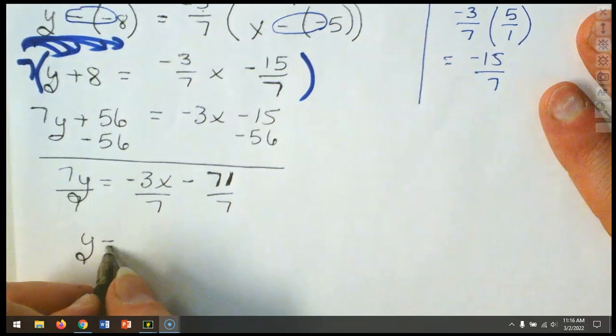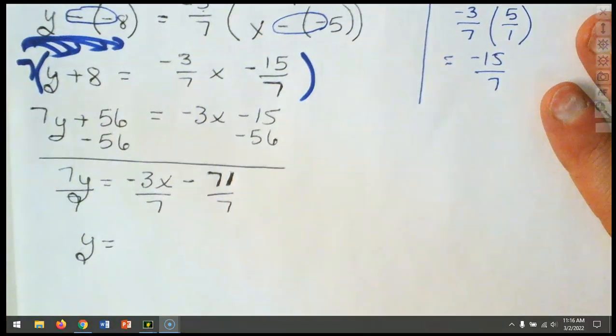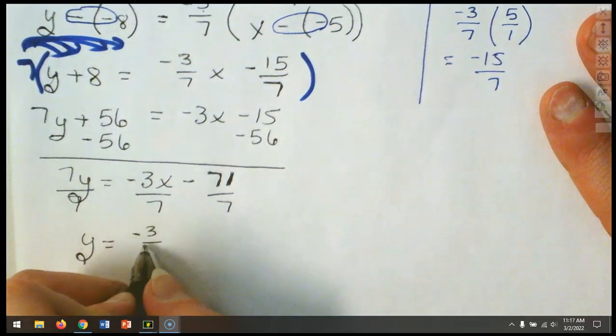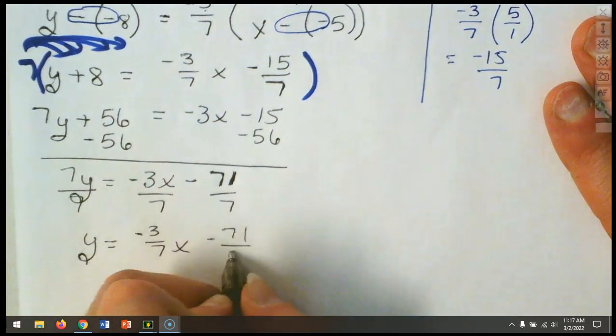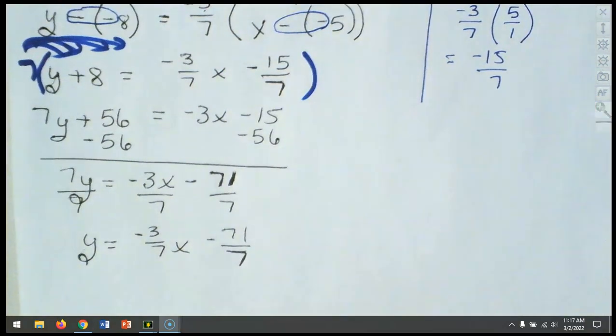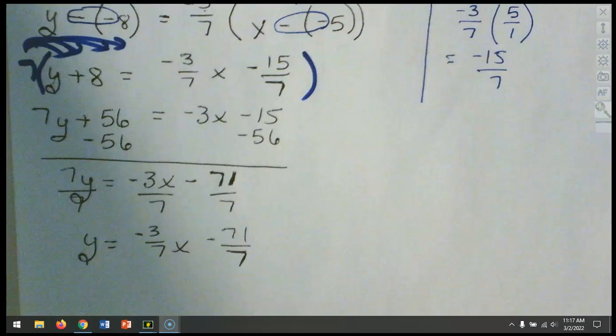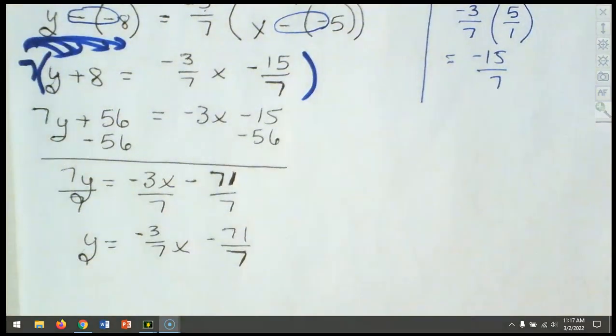And now we've got y equaling a minus 3/7 x minus 71 over 7. Everyone all right with that so far?